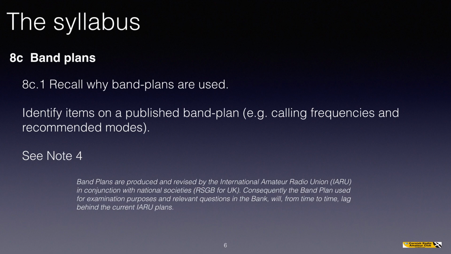But because the questions and the publication of EX307 are fairly static, they're not revised as often as the band plans are, so the information may be out of date. So you shouldn't use EX307 as a reference for actually operating when you get your license. Just use it for showing understanding of what band plans are and for answering the questions.